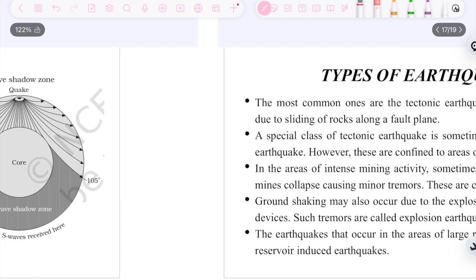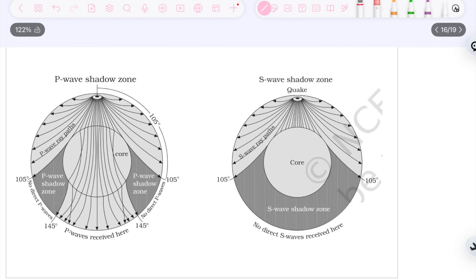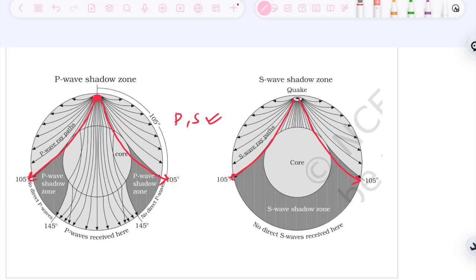Let's look into the image of the shadow zone. In this image we can see that this is what is called the hypocenter. When we look into the 105 degrees in both the directions, we can locate both P waves and S waves. In this diagram also we can see that P waves and S waves both are coming in this direction.